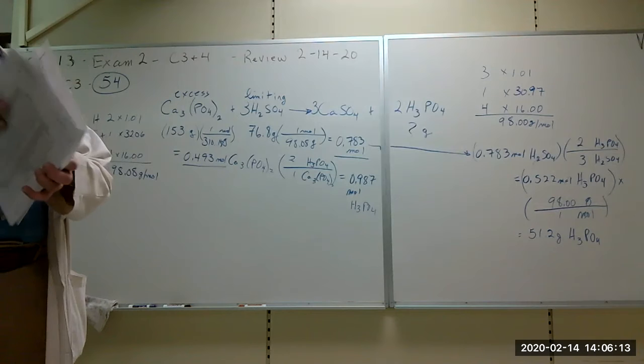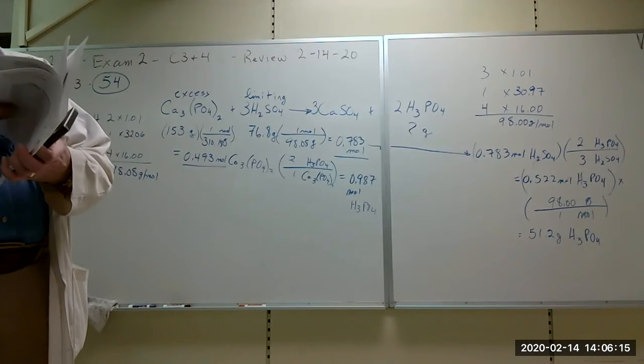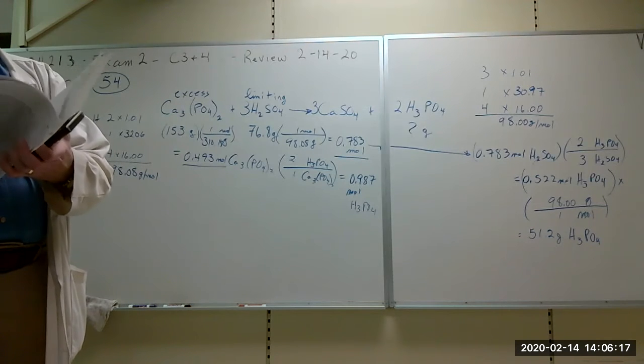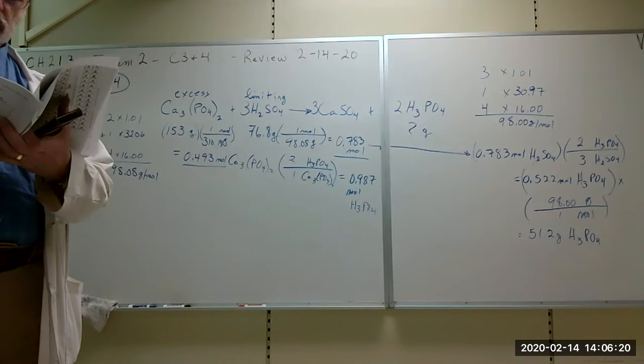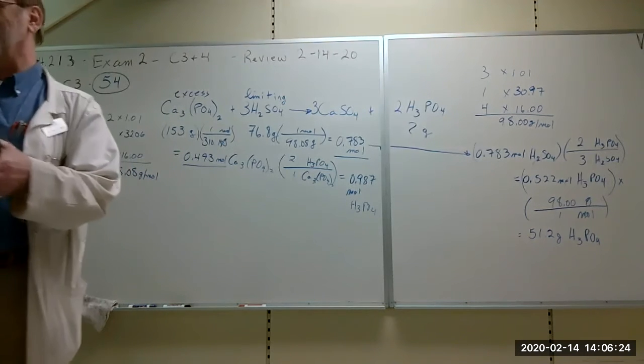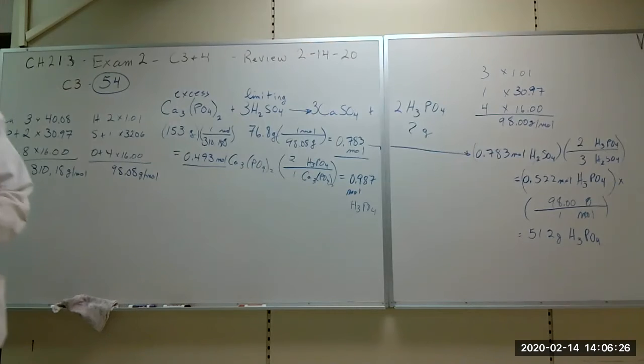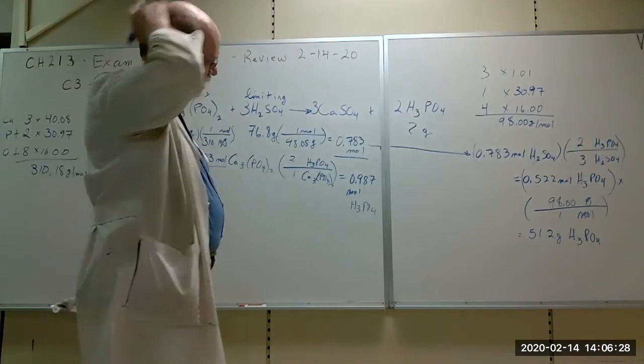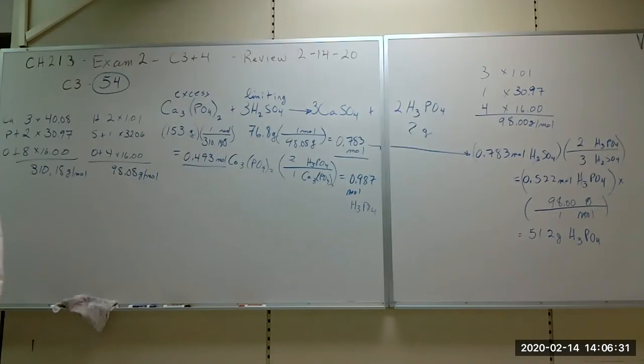Where am I? Look up here. Close, close, close. 51.1. Yeah, it's close. Rounding error. I got 51.2.